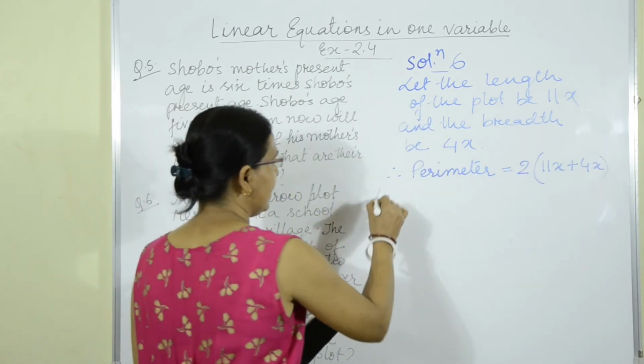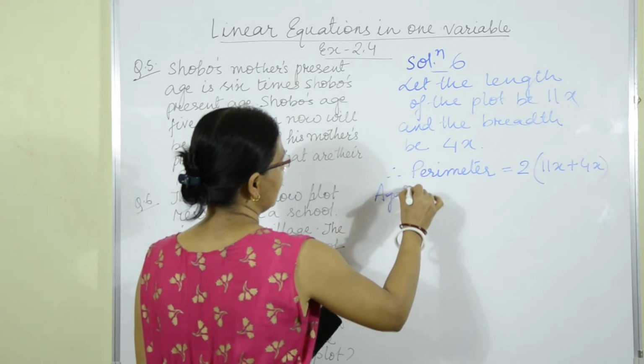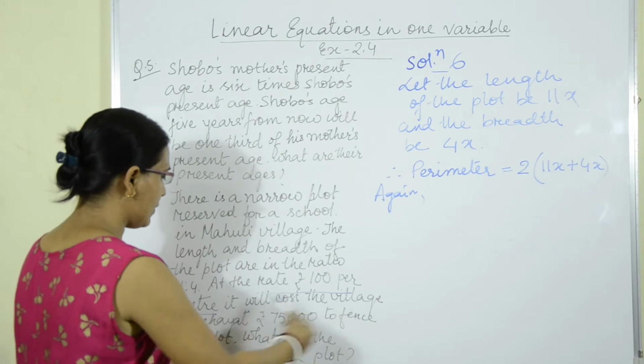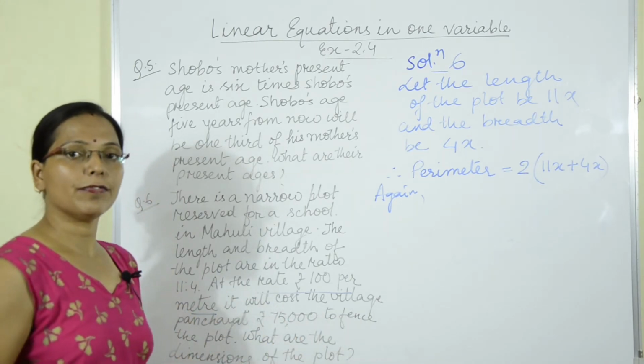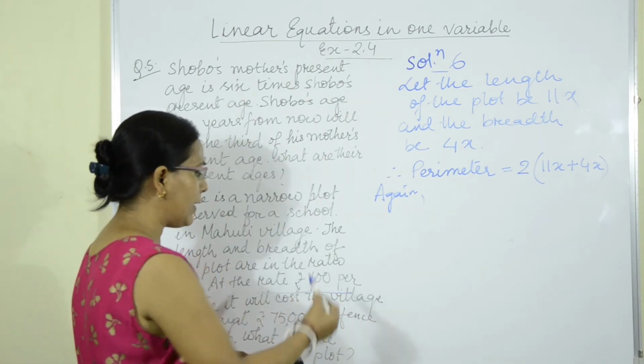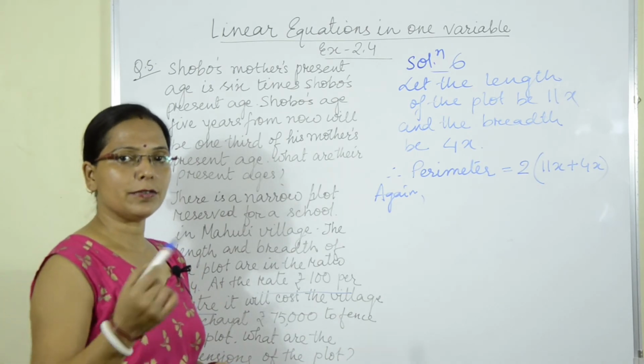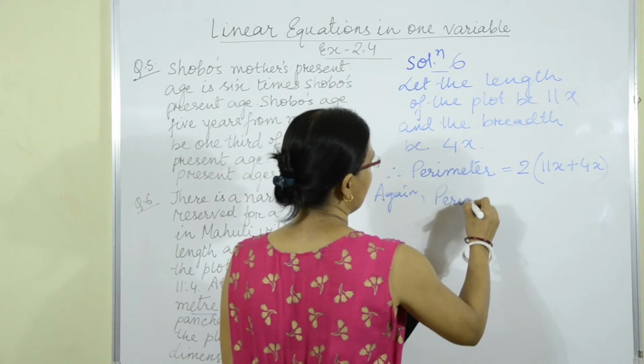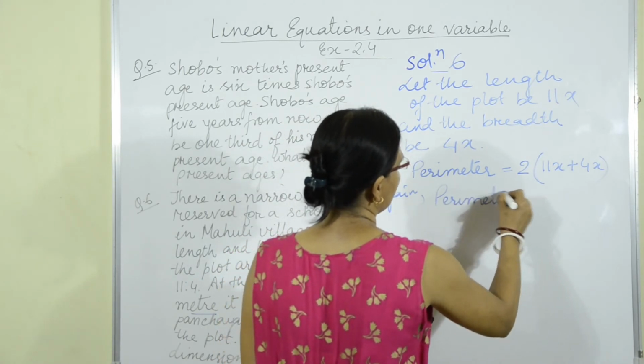Now, again as per the statement given here, they are saying that it will cost the village panchayat rupees 75,000 at the rate of rupees 100 per meter to fence the entire plot. So, perimeter we can find out from here as well. So, what will be the perimeter?